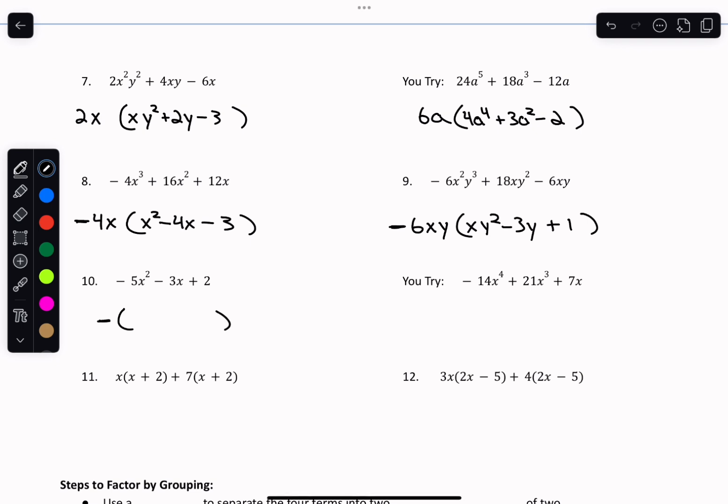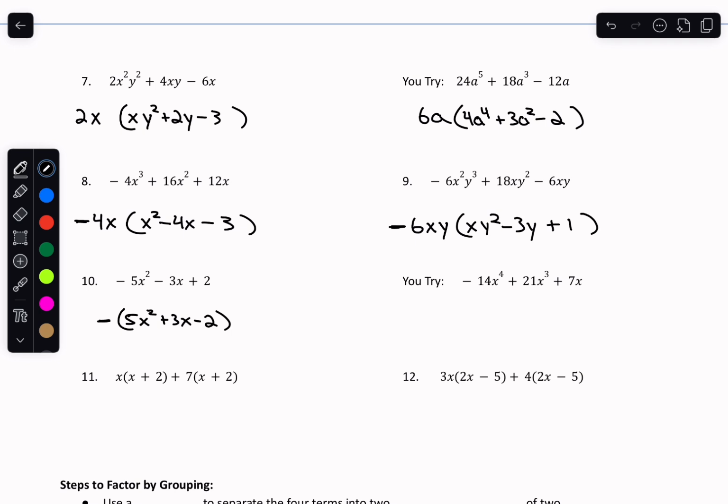So I'll pull out the negative, and it's going to change everything inside to be positive. So 5x squared plus 3x, and then 2 becomes negative, because everything just changed signs. So I can pull out that negative 1, which is the negative sign in front, but there's not actually anything else to pull out of this polynomial. So all we pulled out there was a negative, which changed all the signs, but didn't change anything else about it.